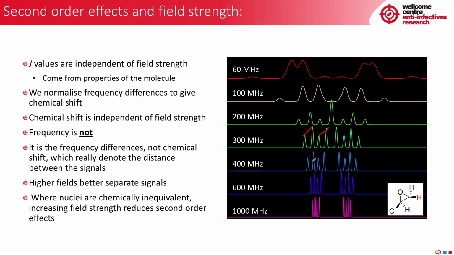And this one we've seen before at 400, and these signals are quite distinct, and you can take J values and so on from them. And then as you increase up to 600 and eventually 1000 megahertz, you can see that the signal gets narrower, and actually the degree of roofing is reduced as the frequency difference between the two signals increases.